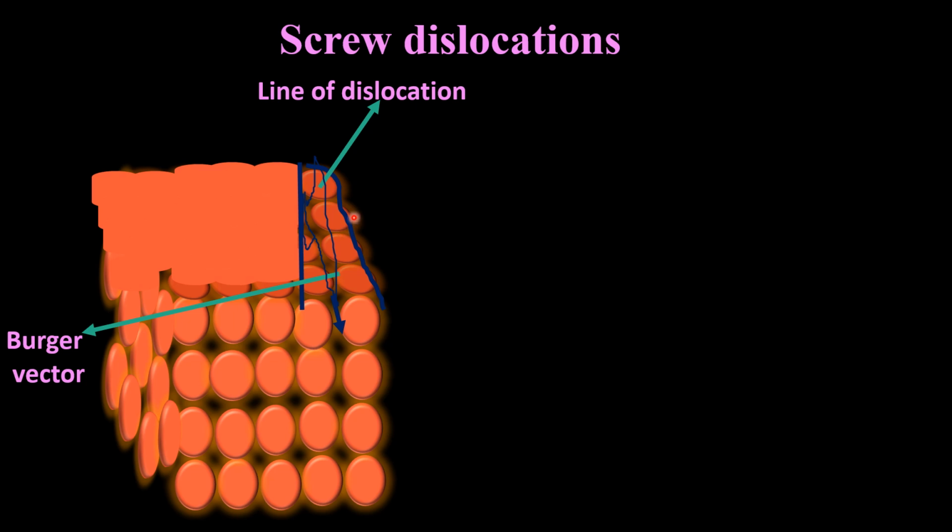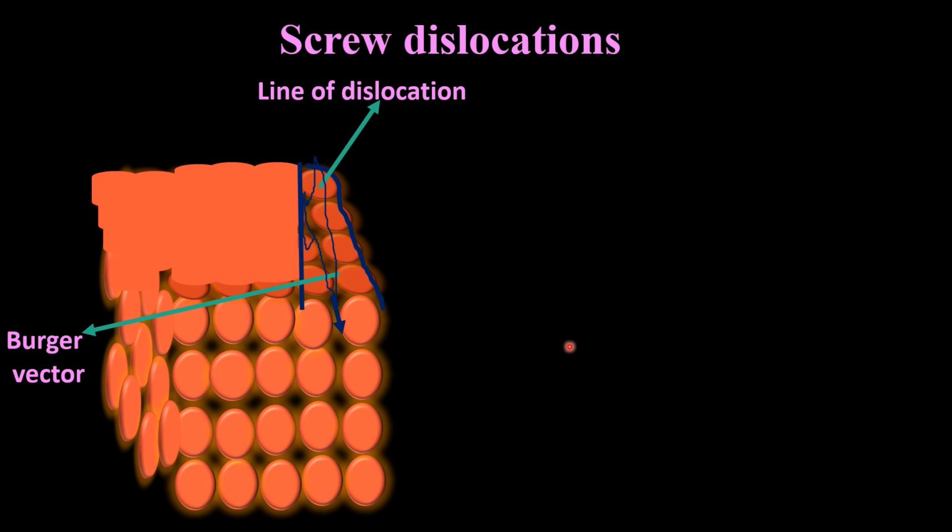So here we can say that if we draw a line from here along this path to here, then we come to the bottom plane. This line is not going to join this upper plane, it goes to the bottom plane. That's why it is called a screw dislocation.